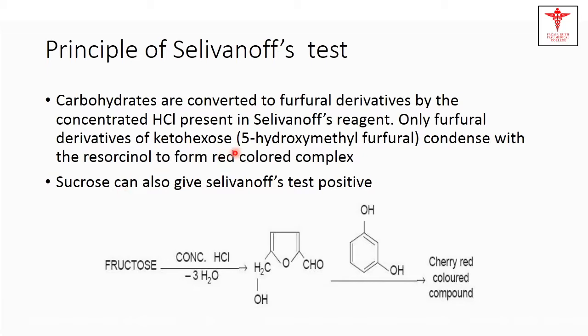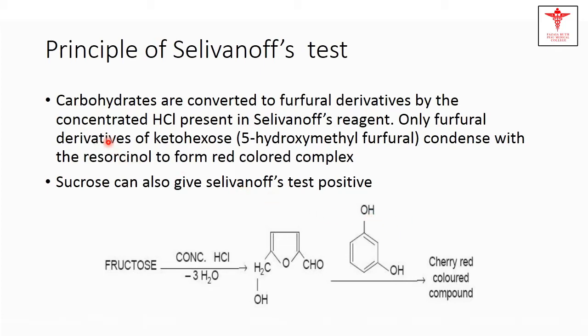The principle of Seliwanoff's test is very much similar to that of Molisch's test, but with a few dissimilarities. In the Molisch's test, the acid was sulfuric acid, but here hydrochloric acid will be used. In the Molisch's test, the condensation agent was alpha naphthol, but here it will be resorcinol.